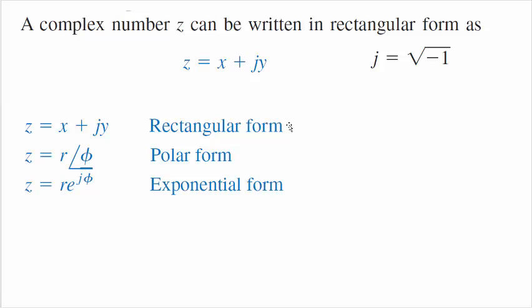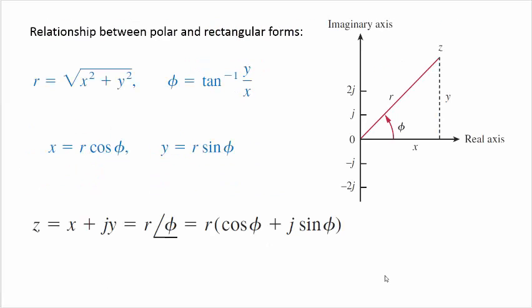So we have a rectangular form, which I just did, x plus jy, but we also have a polar form, which is in terms of r, which is a magnitude, and phi, which is an angular part, an angle. And then we have an exponential form, which you'll see how that ties in, where you still have r as a magnitude or an amplitude, and e to the j phi. So we'll see what e to the imaginary exponent means. So we have relationships between the polar and rectangular forms.